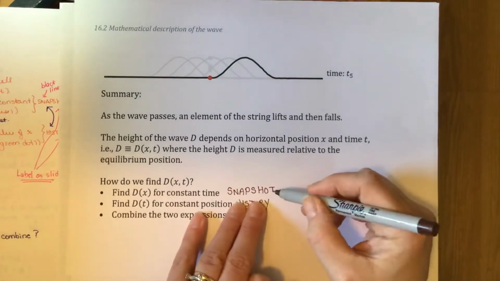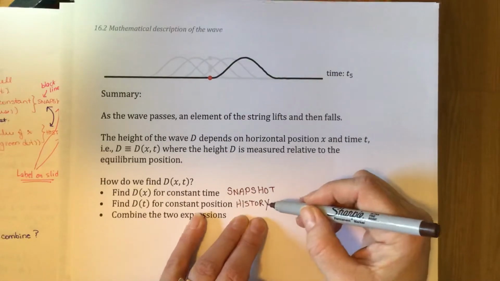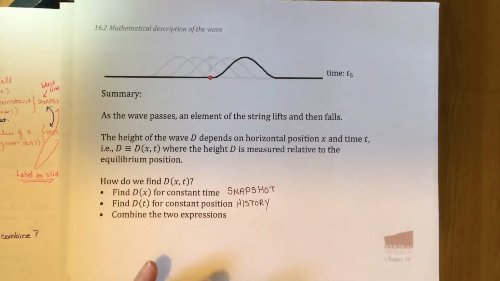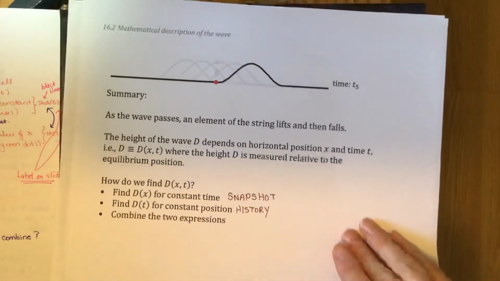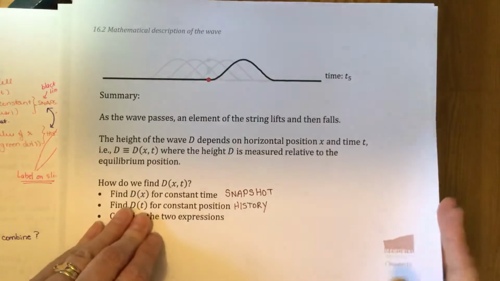So this is what happens at one time, this is what happens at one position. Then we're going to put those two expressions together, and we're going to use those two combined expressions to find the complete expression as a function of position and time. Okay, that's where we're going with this.